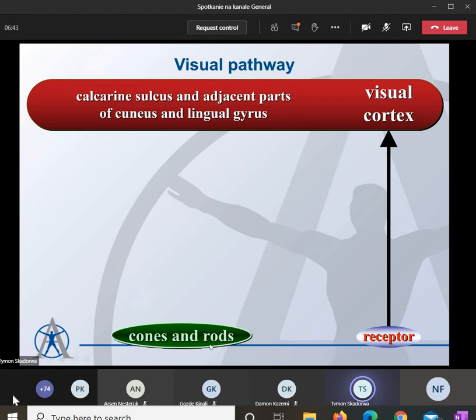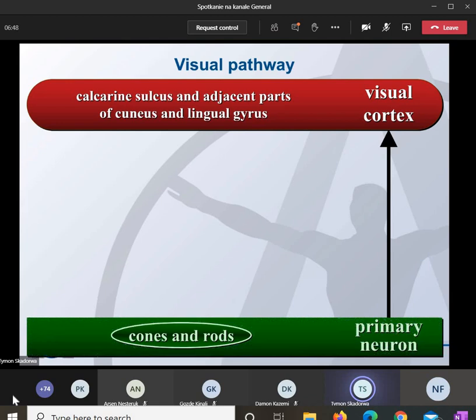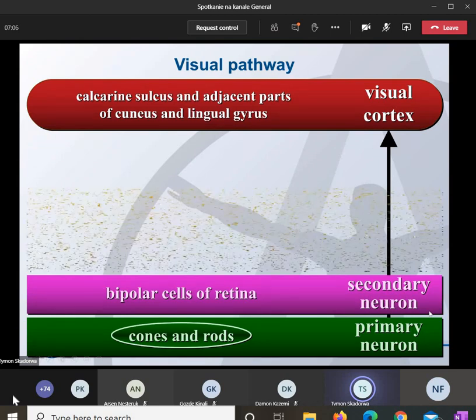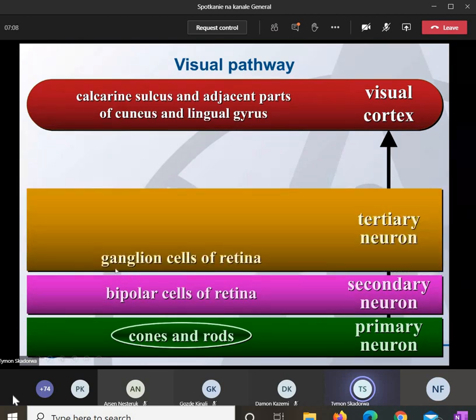If you remember, these are modified neurons that are sensitive to light. And actually, rods and cones constitute the primary neuron of the visual pathway. Then they communicate with another layer of the retina, with the bipolar cells of the retina, which constitute the secondary neuron of this pathway. Then we have a tertiary neuron, which is made up of the ganglionic layer of the retina, and these are also modified neurons.